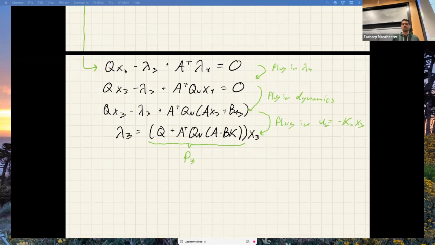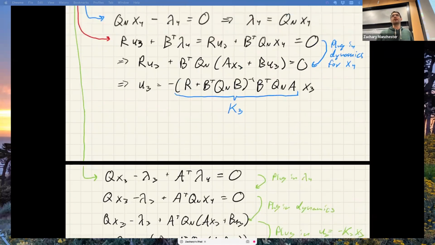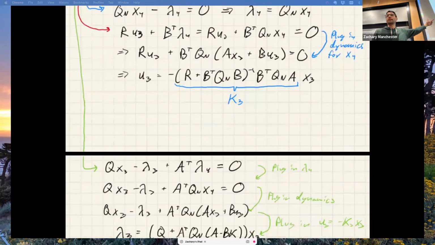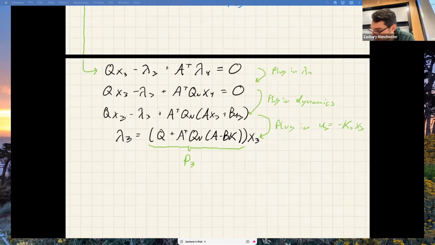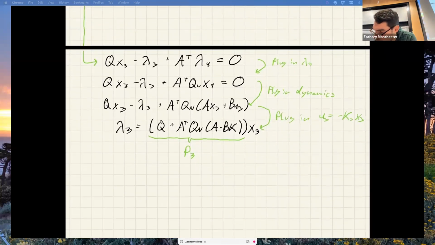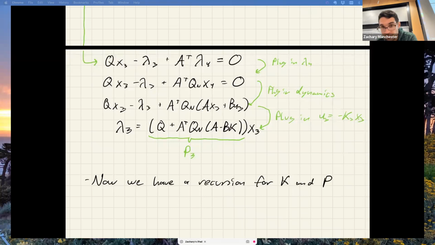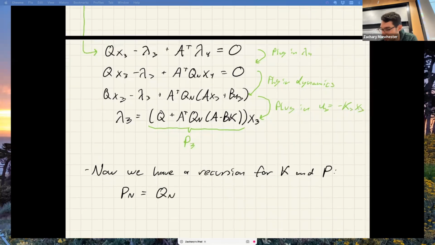Now we have a recursion for K and P. I start at the end and I just keep going, and I've bootstrapped a recursion that can keep going backwards. So I'll write the recursion out in the general case. We have Pn equals Qn at the last time step.